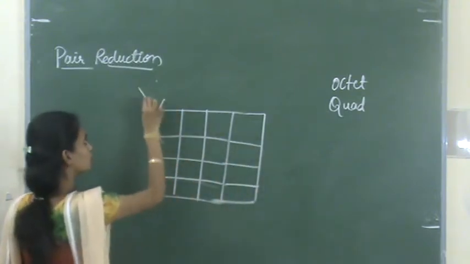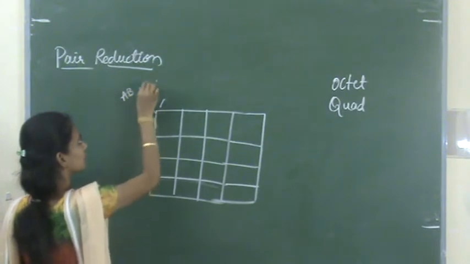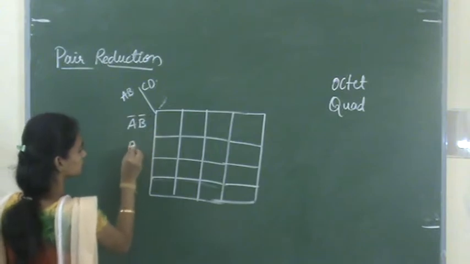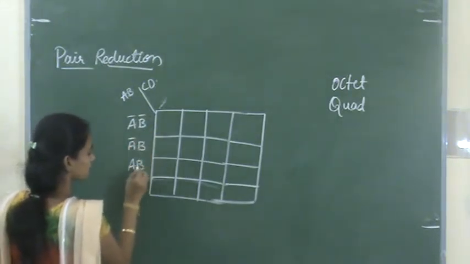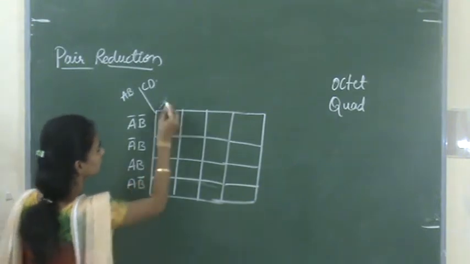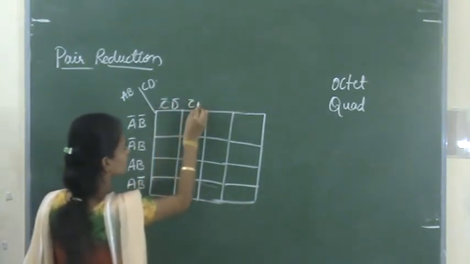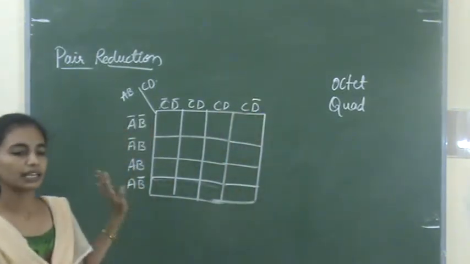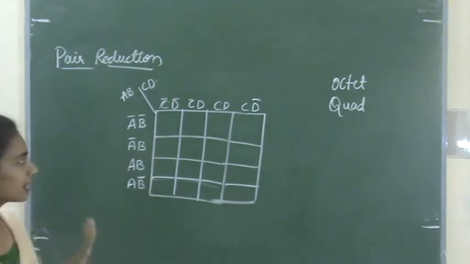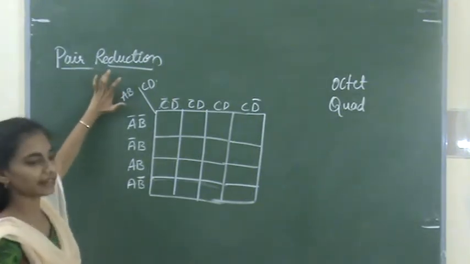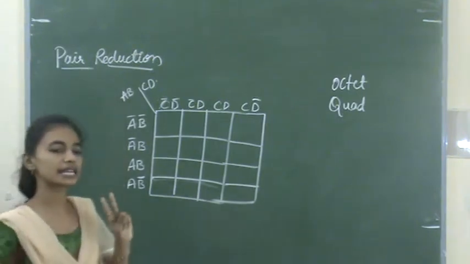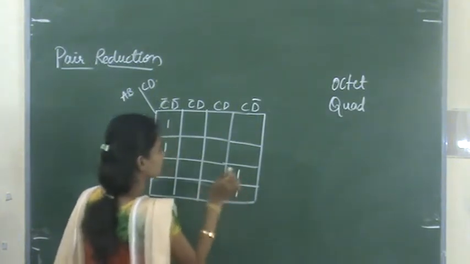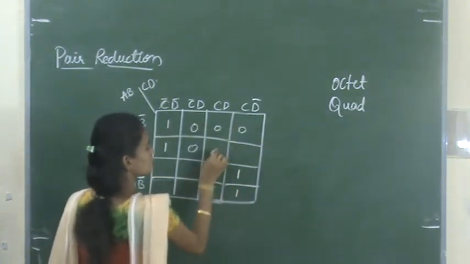We have 4 variables A, B and C, D. So this is how we are writing a K-map, right? Now here we are doing a pair reduction, which means we are encircling the 2 ones. Suppose I have it like this, and the remaining are zeros.